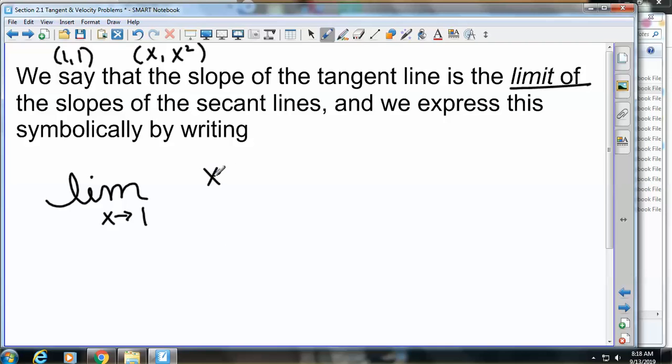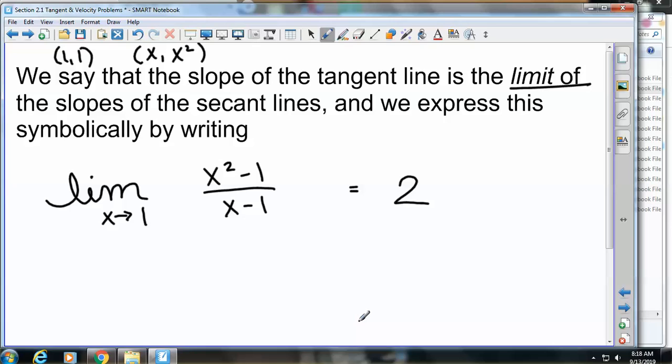So if I calculated my slopes, it would be like x squared minus 1 over x minus 1. So the limit of those slopes, and when we worked that out, we found that to equal 2. That's our first taste of a limit, first idea that we've seen about what a limit actually means.